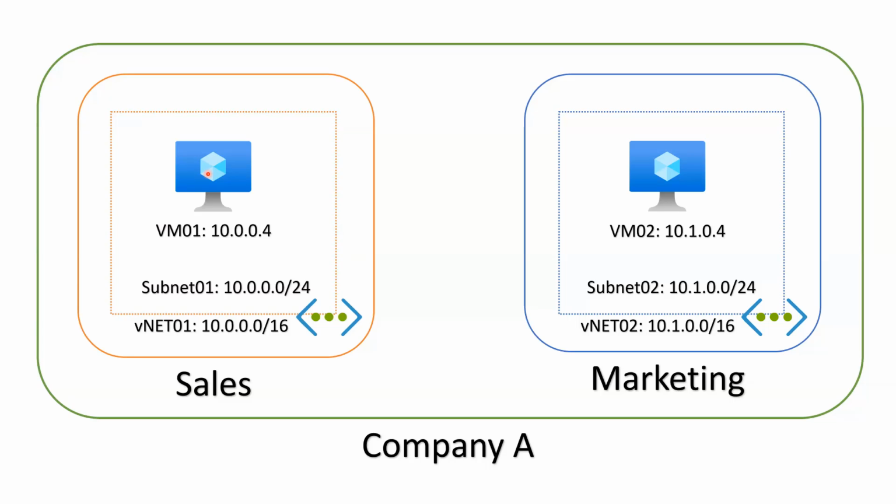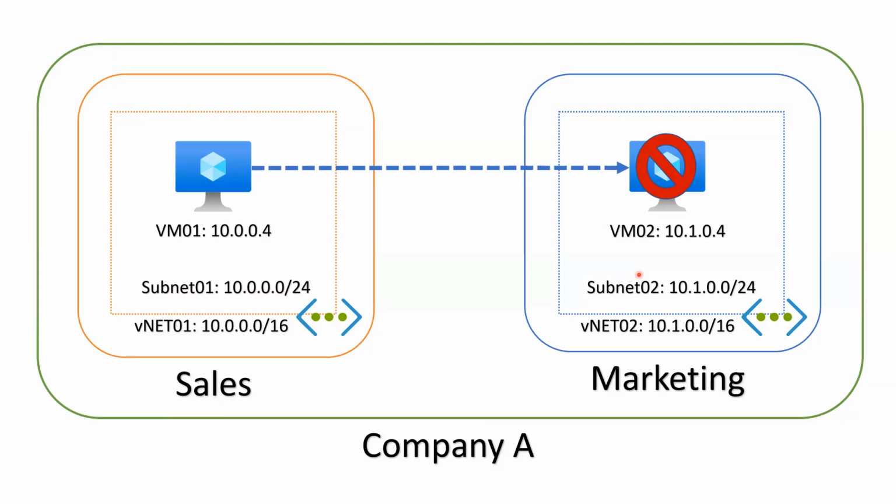Now, we are assuming that the sales user logged into VM01 by using the public IP address, and now the sales user wants to access the web server deployed on VM02.